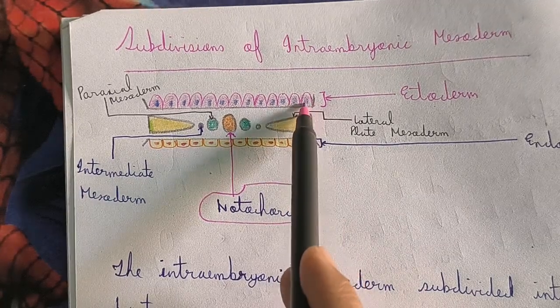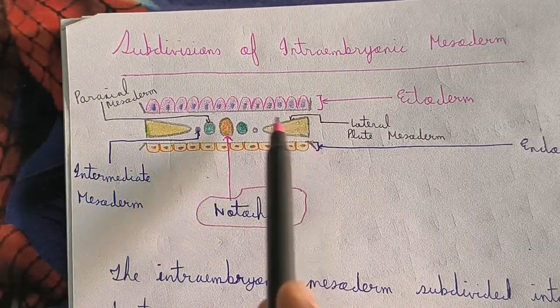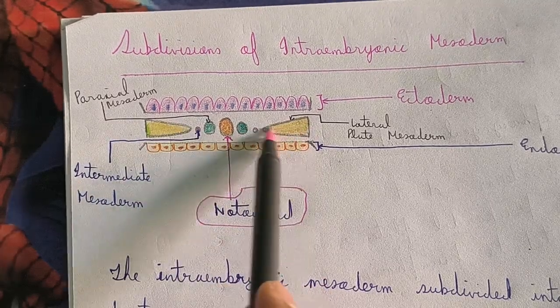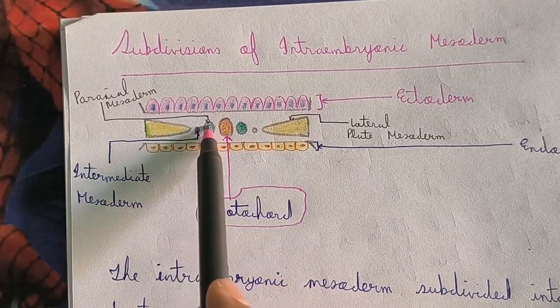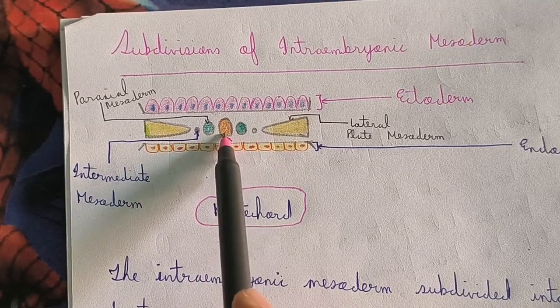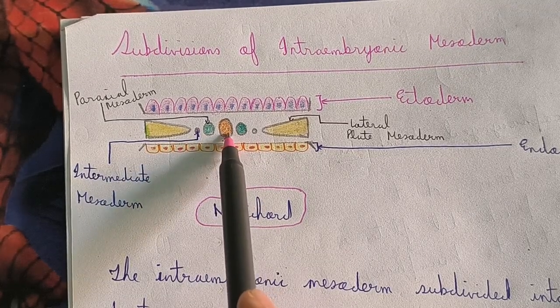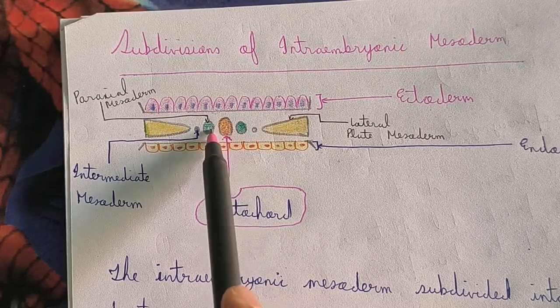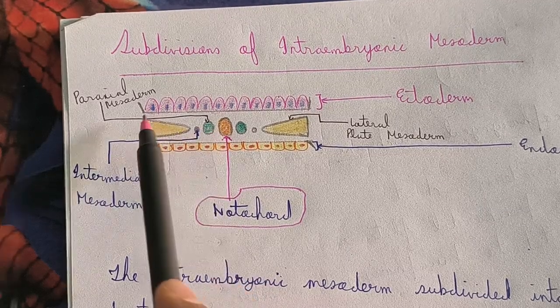Here you can see this is the ectoderm, this is the endoderm. This is the notochord, and all these are parts of the intraembryonic mesoderm, but they got subdivided. First of all, this is the notochord, and this green colored structure is the paraxial mesoderm.